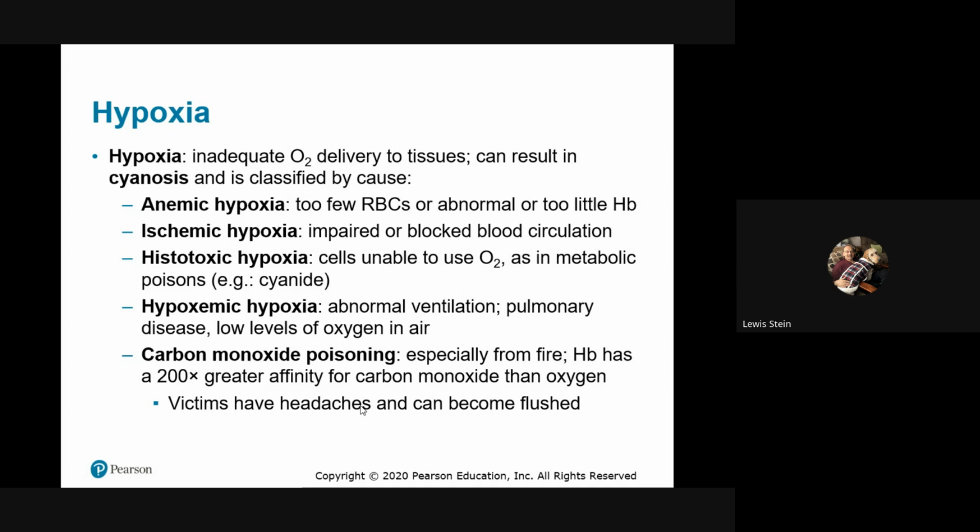Understand that it's molecular. Oxygen and carbon monoxide, when you look at O2 and CO, are very similar molecules. Interestingly, the shape of the carbon monoxide molecule is a better fit on the heme unit than oxygen.